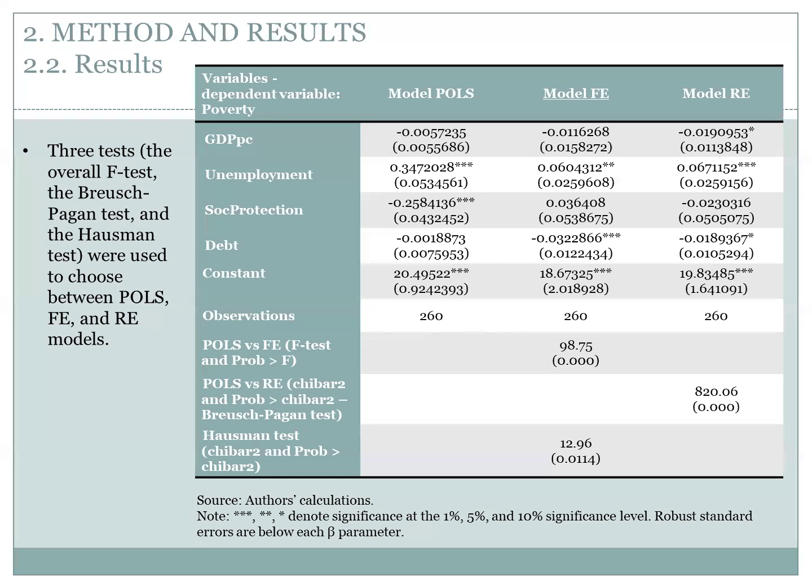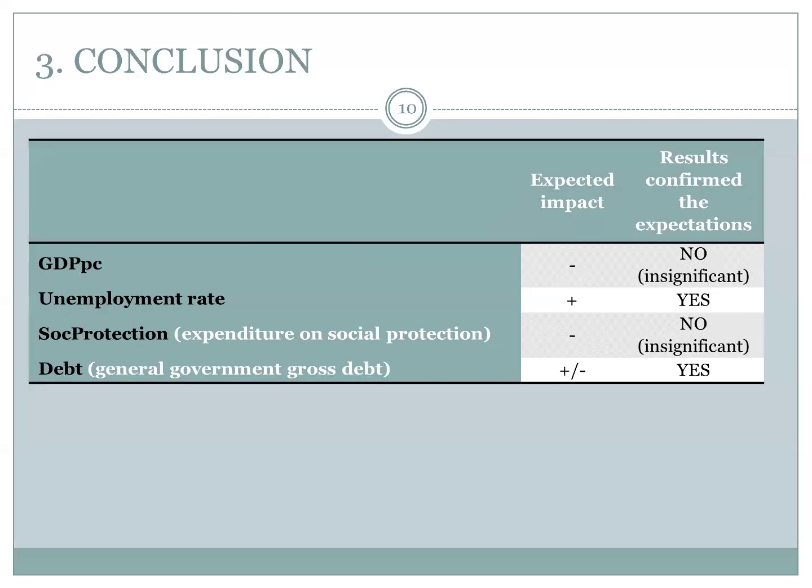And to sum up the results we got, some of them were in accordance with our expectations, but some not. As I said, regarding GDP per capita, we expected a negative impact, and our results did not confirm our expectation. And something similar happened with expenditure on social protection.